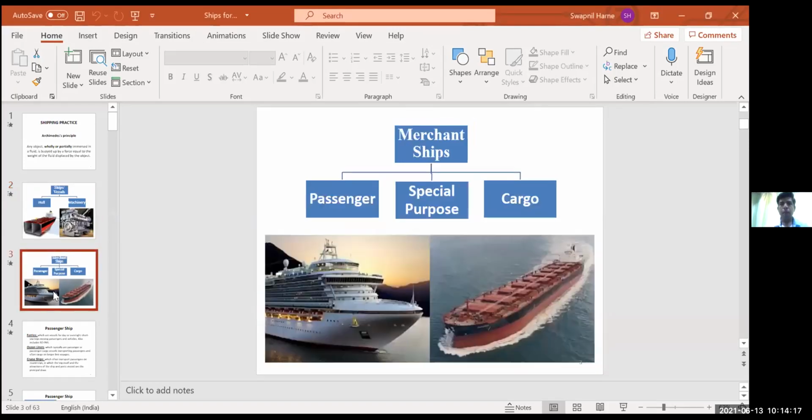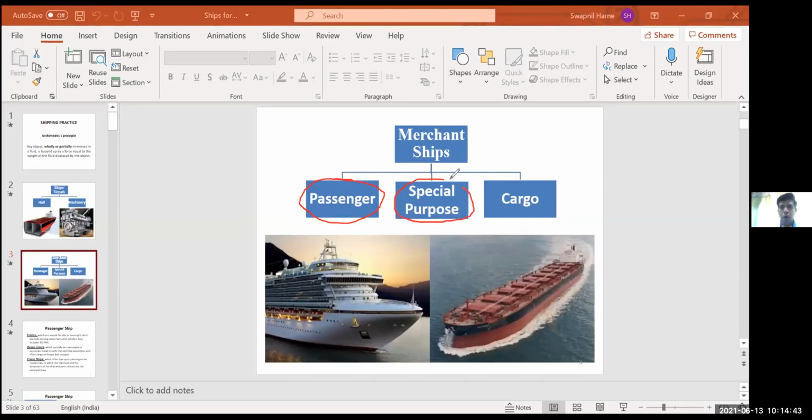So there are different types of ships within our industry. You can see here we have a passenger ship. Has anyone sailed on passenger vessels? I mean, gone for a trip or something?